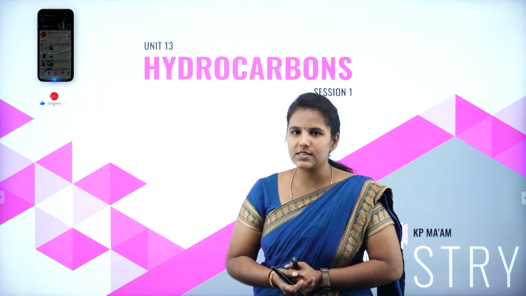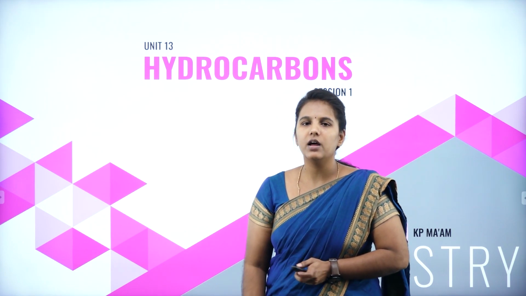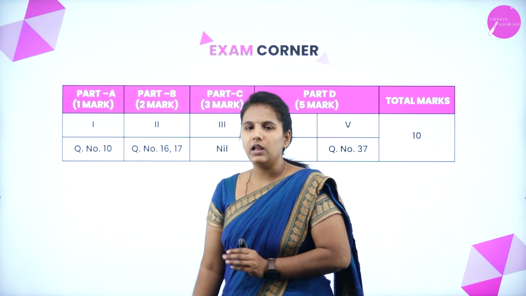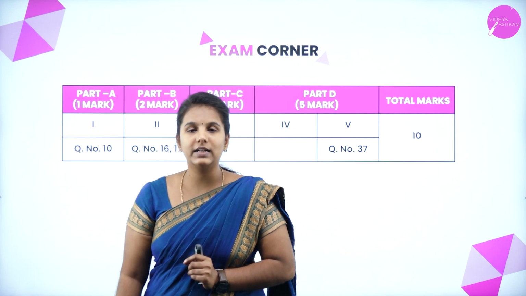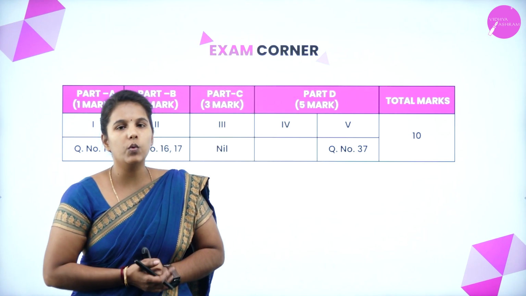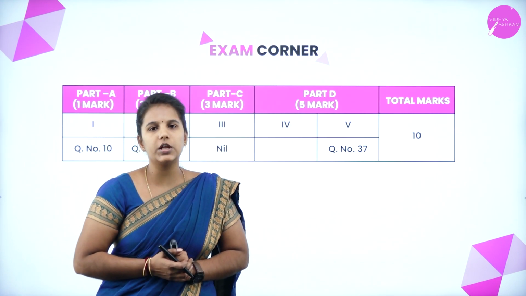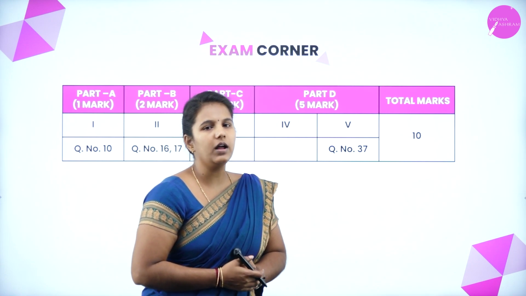Before discussing this unit, let's see its weightage. From this unit, we can expect a total of 10 marks. There will be a 1 mark question, a 2 mark question and a 5 mark question.